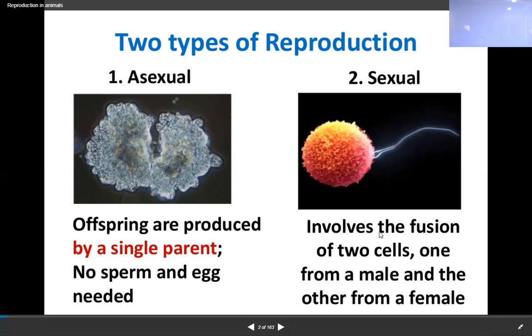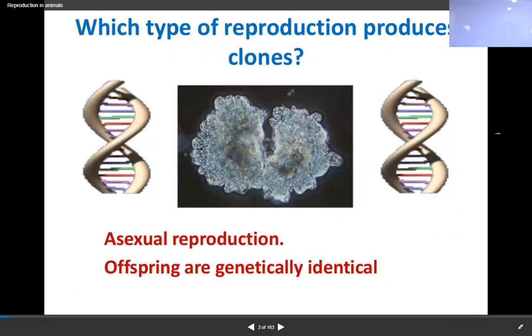Now sexual may involve the fusion of male and female gametes, one from male and one other from a female. So, which type of reproduction produces clone? Asexual reproduction or sexual mode of reproduction? It is asexual reproduction. Why? Because offspring are genetically identical.